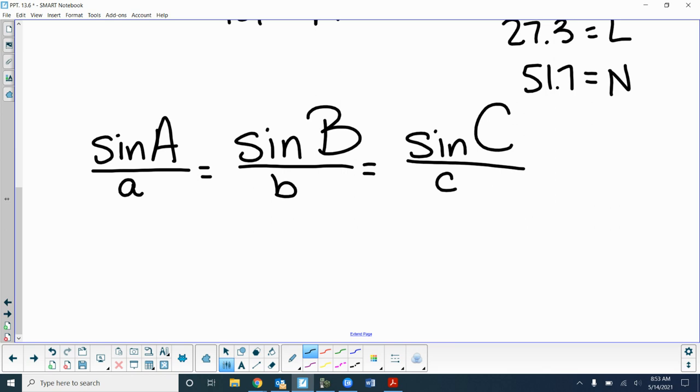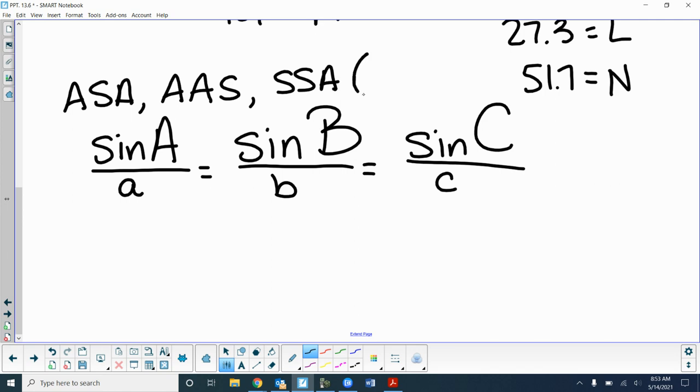Got to do the whole thing, Cade. All right. So it would be angle, side, angle. Angle, angle, side. Need an S first. And then side, side, angle, which means there's 0, 1, or 2 triangles, right?